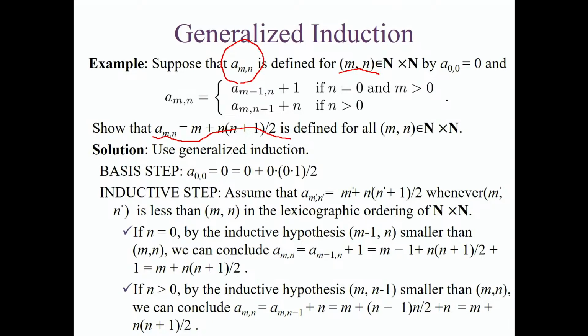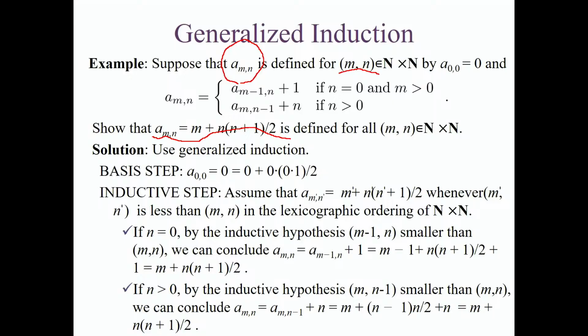Okay, next let's see how we apply generalized induction using lexicographic ordering. For the basic step, let's see if this equation is correct. A(0,0): we know m is 0 and n is also 0.